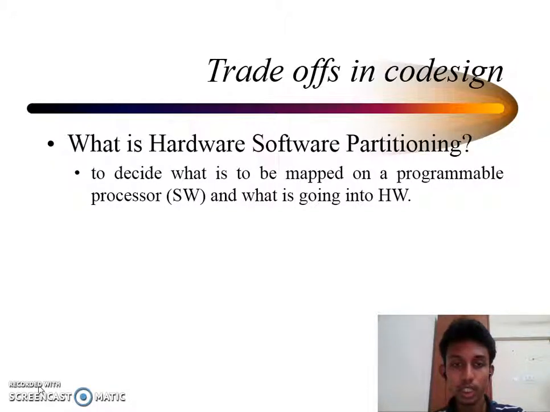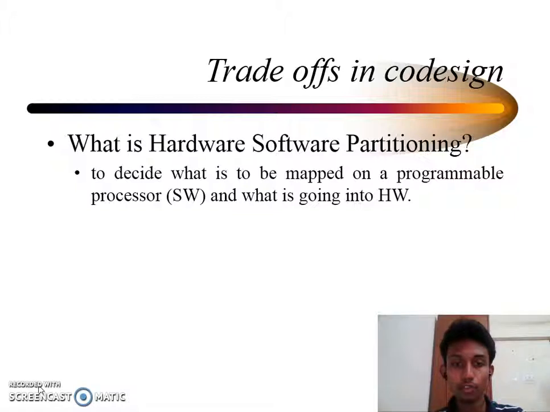After going through the basics for the required topic, now we move on to the main topic of our discussion, which is trade-offs. So what are trade-offs? Before knowing trade-offs, we must know what hardware and software partitioning means, because partitioning and trade-offs are very much interrelated, and without knowing partitioning, it's very difficult to explain what trade-offs are.